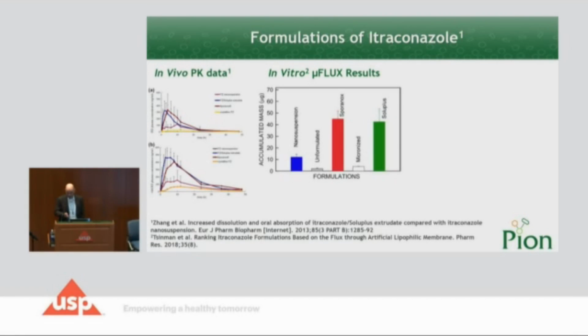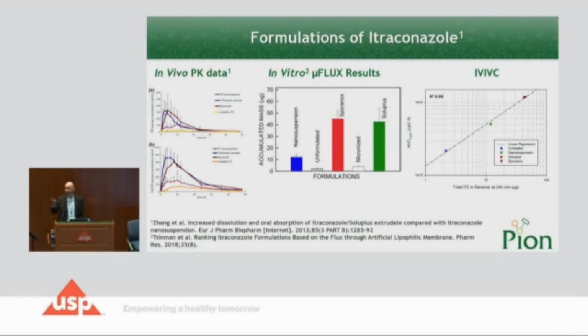Then when we plotted this against each other, when on one axis we plotted AUC data from in vivo study, and on another axis we plotted the accumulated mass data from our in vitro study, we not only see the ranking, we actually were pleased to see that this is a very nice linear relationship between these two.